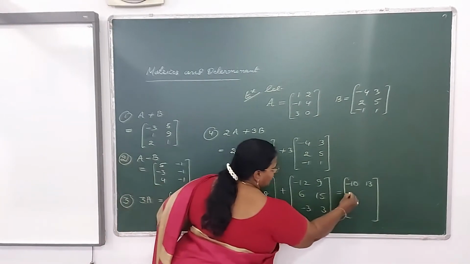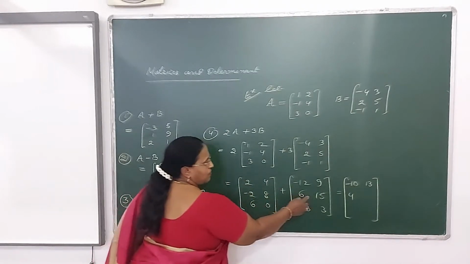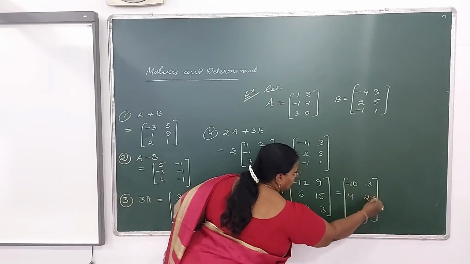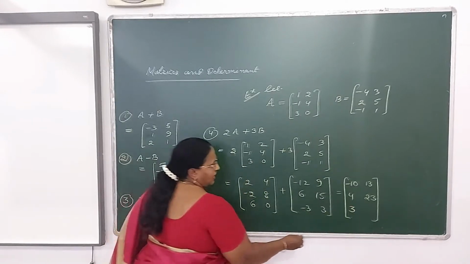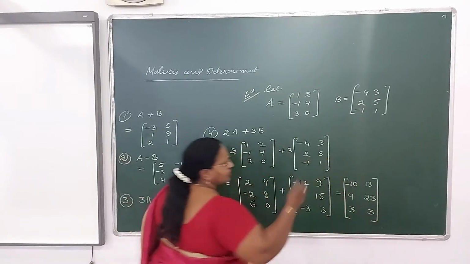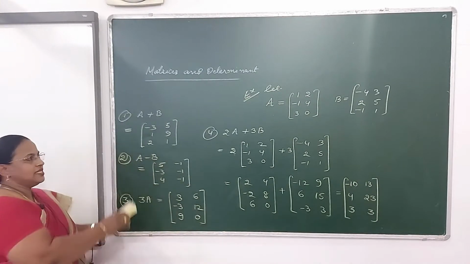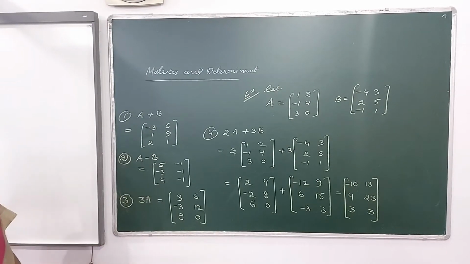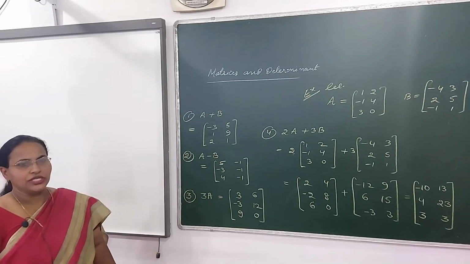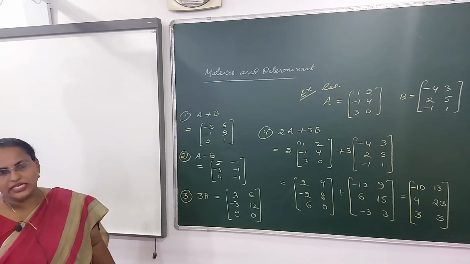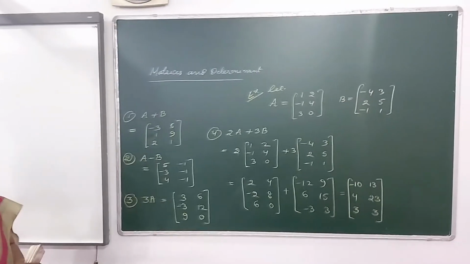Minus 2 plus 6, it's plus 4. 8 plus 15, it's 23. 6 minus 3 is 3. And the last, this is plus 3. So this is the procedure of finding all the 4 values. I hope students this type of questions very easily you can do.